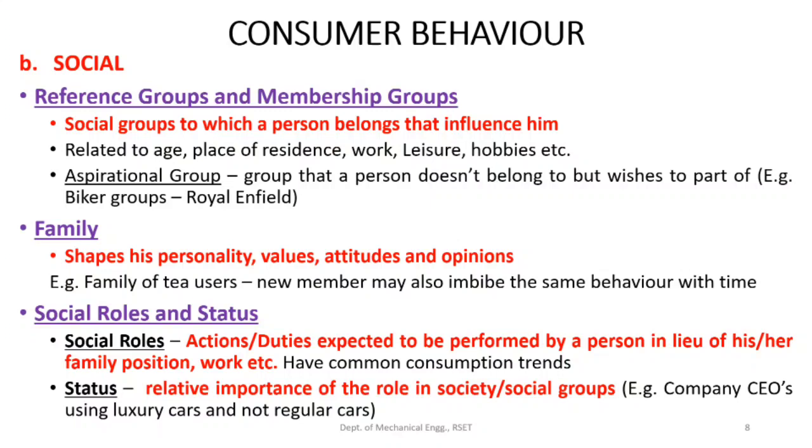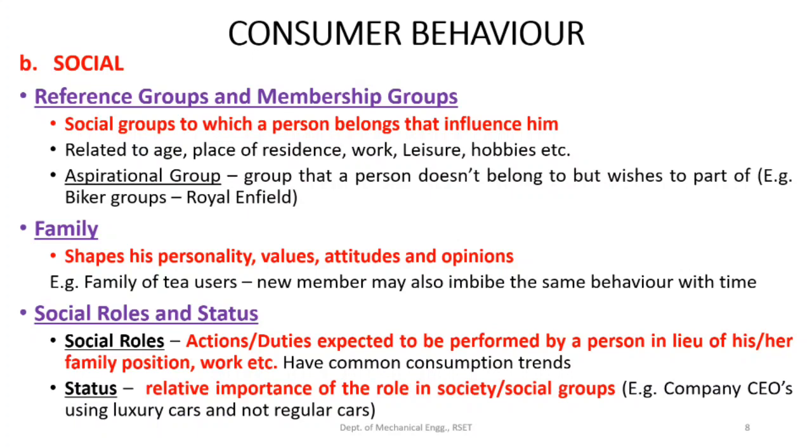Being part of that resident group, he is influenced by other people who belong to the same residence group. So his behavior is influenced by the other members of the group that he belongs to. That is how reference groups and membership groups influence consumer behavior.